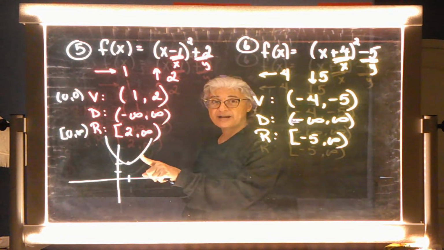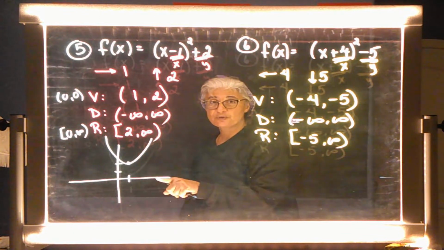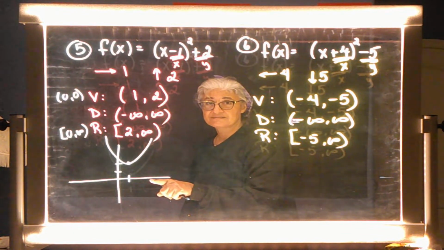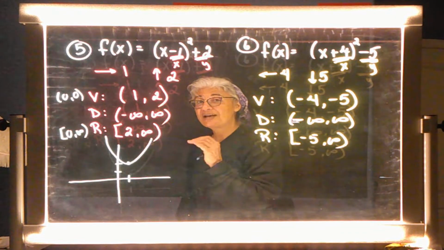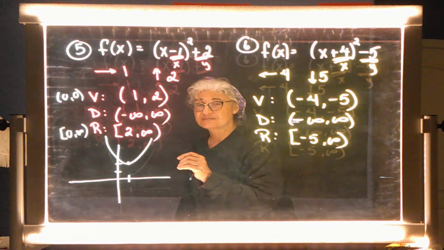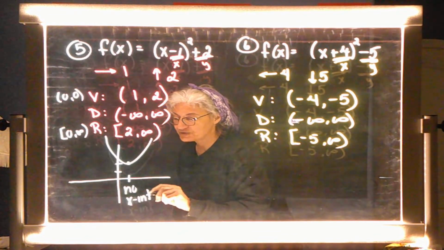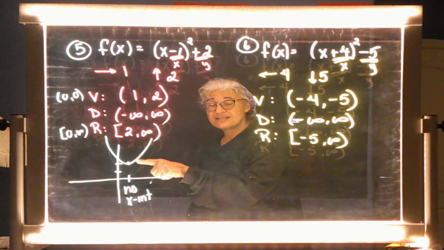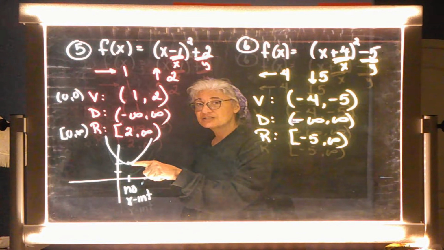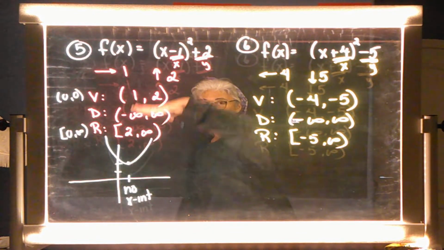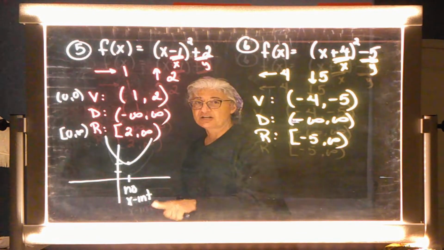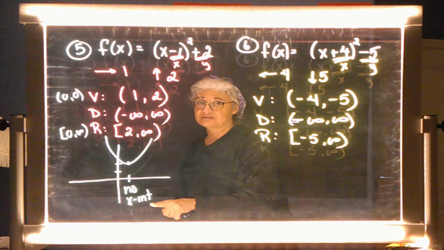Is this graph touching or even crossing this x-axis? No, it's not. So would you have any x-intercepts? No, you wouldn't. This graph has no x-intercepts, because the vertex was at 1, 2, and it was going in the up direction, you're not crossing that x-axis at all.